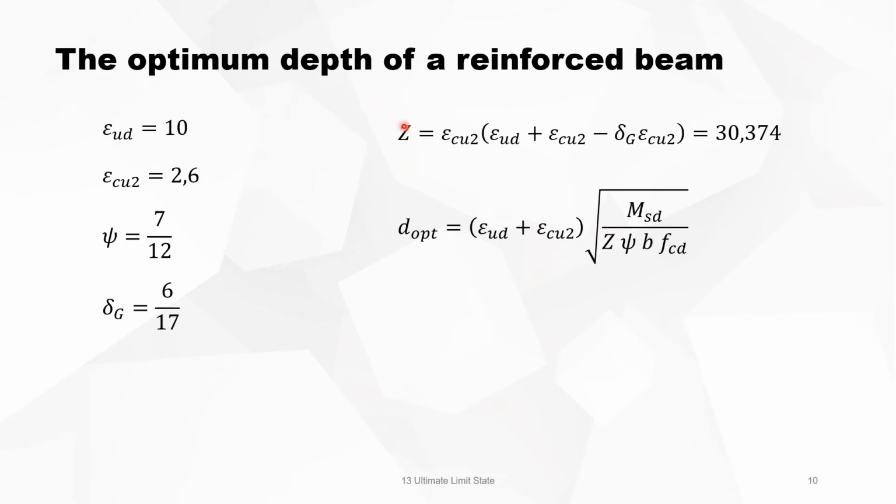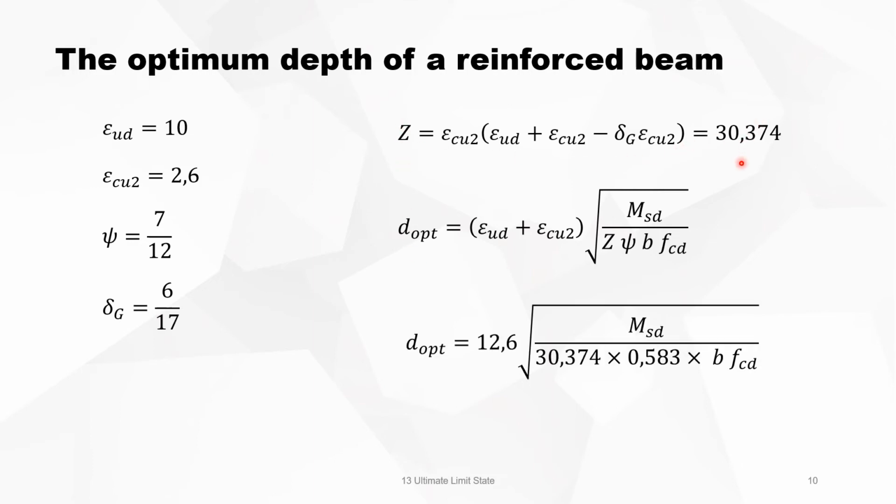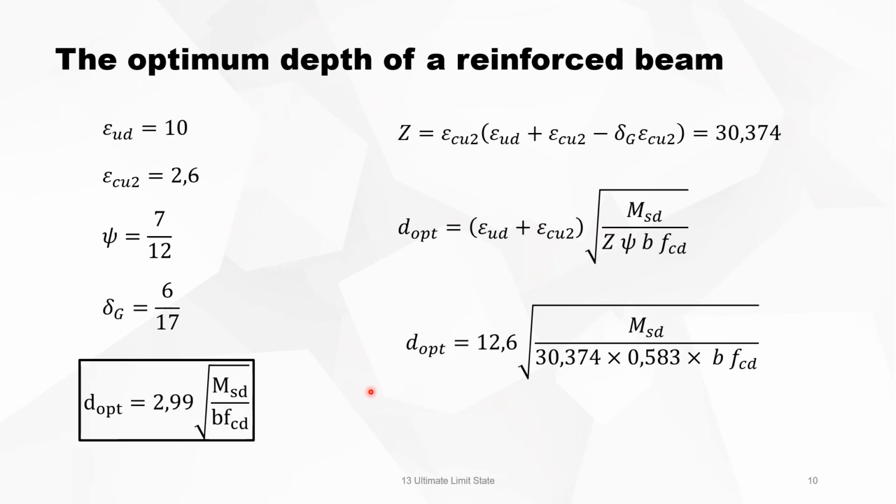And if we calculate Z, we find 30.3, and for the optimum we have 2.99 times the square root of the bending moment divided by the width and FCD. Take care of the units.